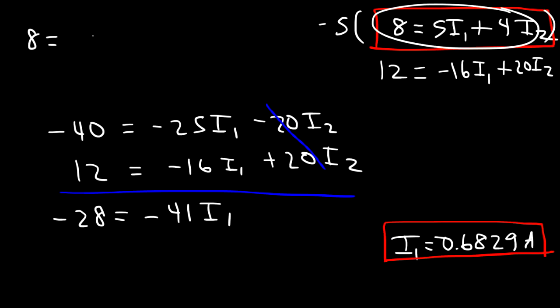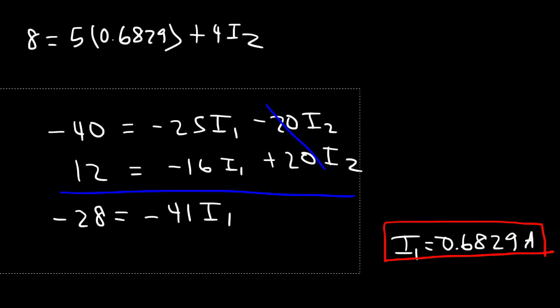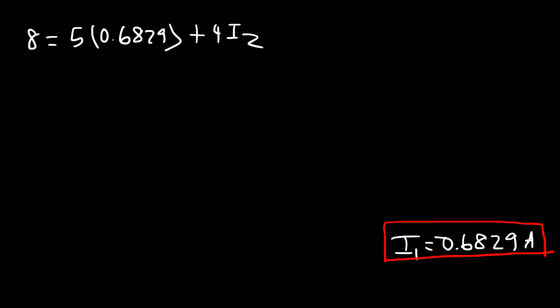So 8 is equal to 5 times I1, and I1 is 0.6829, and then plus 4 times I2. So 5 times 0.6829, that's equal to 3.4145.